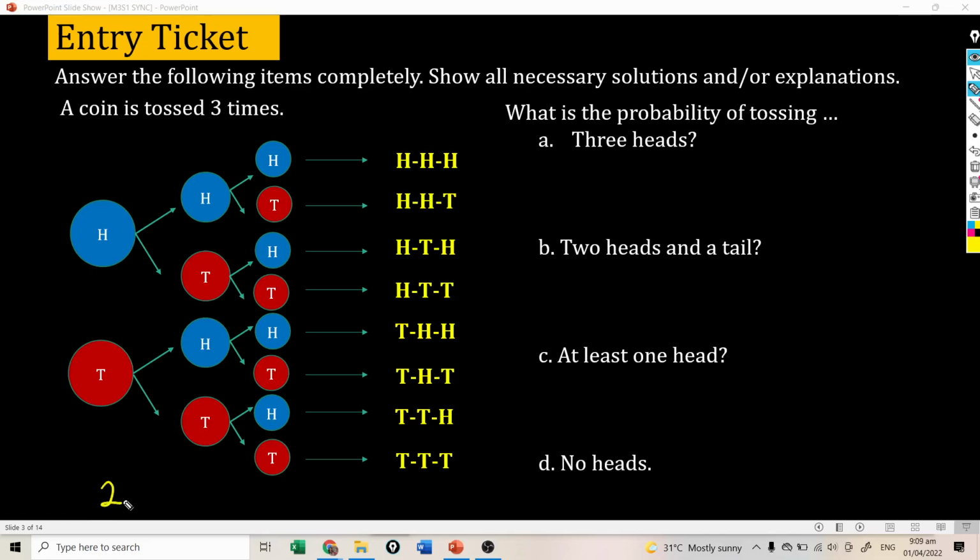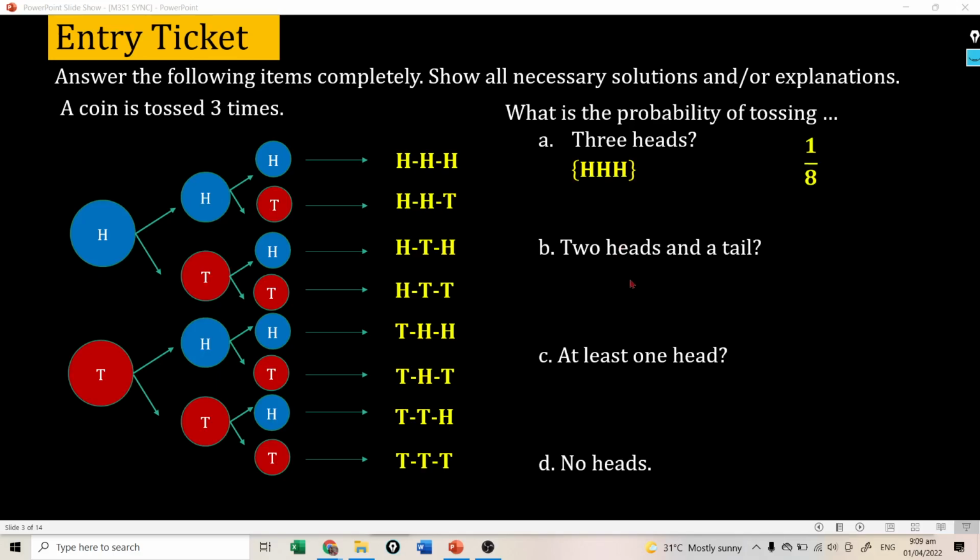So the first toss times the second toss times the third toss: 2 times 2 times 2, kaya 8 talaga ang ating possible outcomes dito. Ito silang lahat. So the probability of tossing 3 heads would be, ito lang naman siya out of 8 possibilities. So that will be 1 over 8.